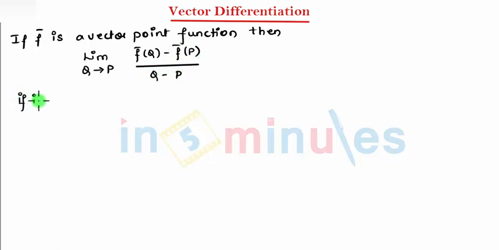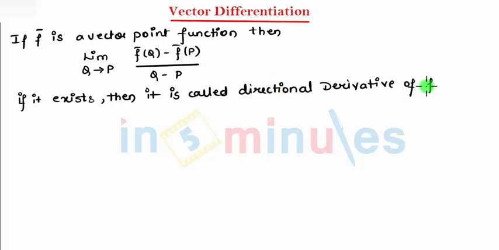If it exists, then it is called directional derivative of f bar in direction of pq. So we can say this is exactly the meaning of directional derivative.